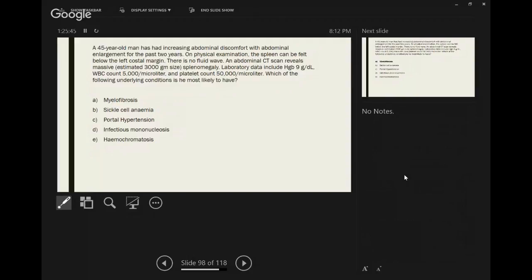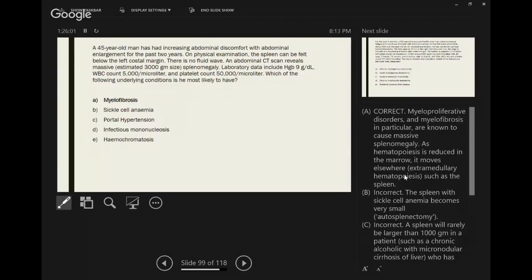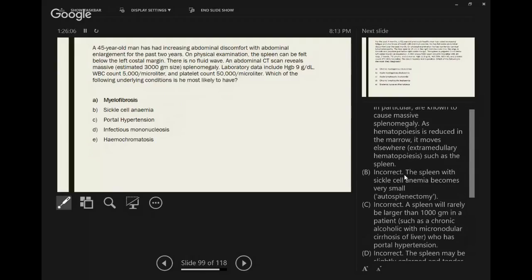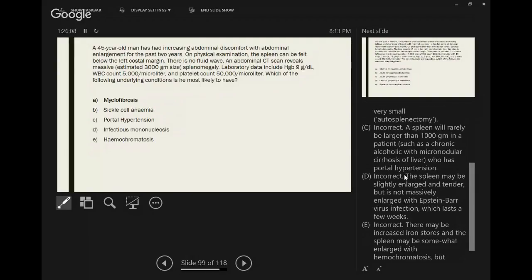I'll give you a clue. 3,000 gram spleen size is truly massive. Yeah, myelofibrosis. So yeah, in sickle cell your spleen becomes a lot smaller. In portal hypertension, the spleen becomes slightly bigger, but it's nowhere near three kilos.